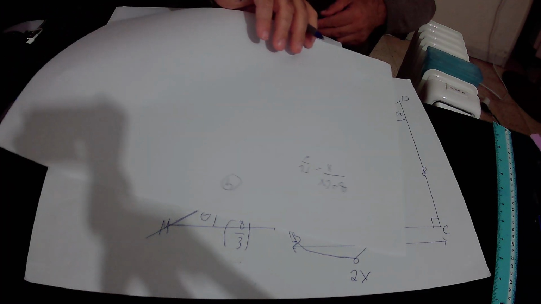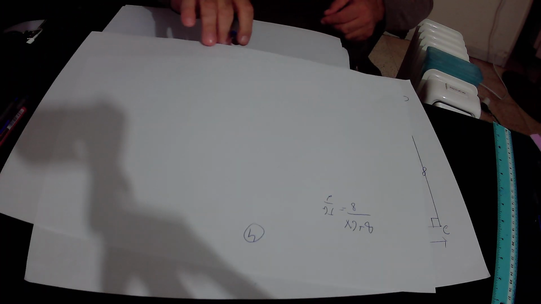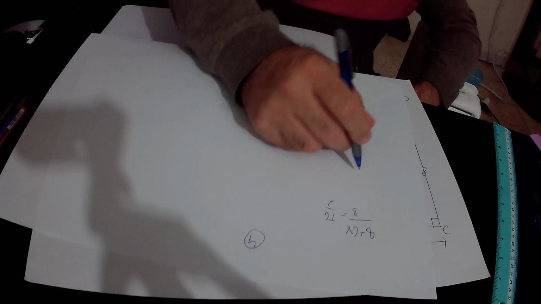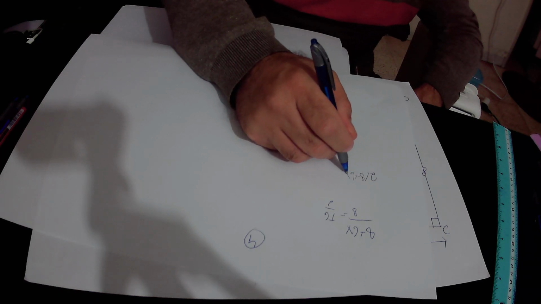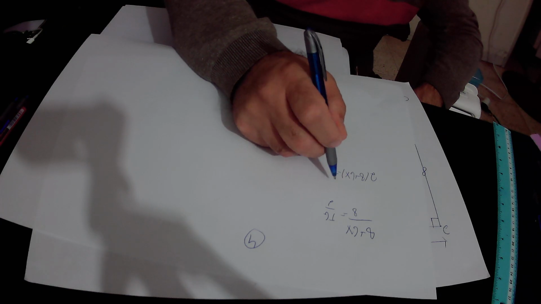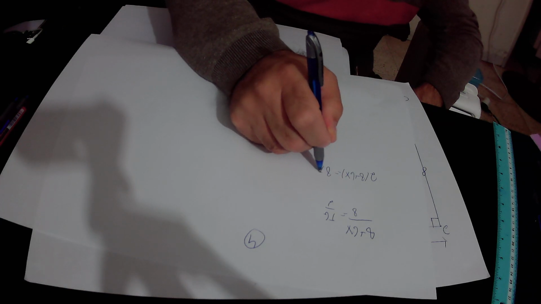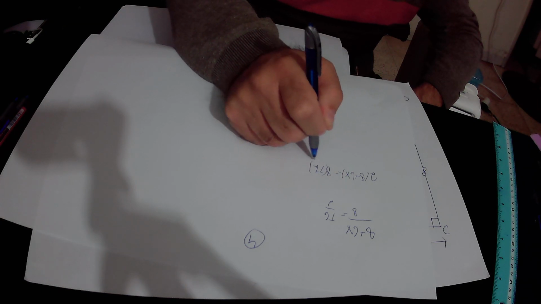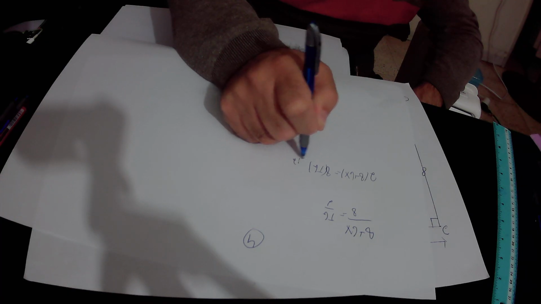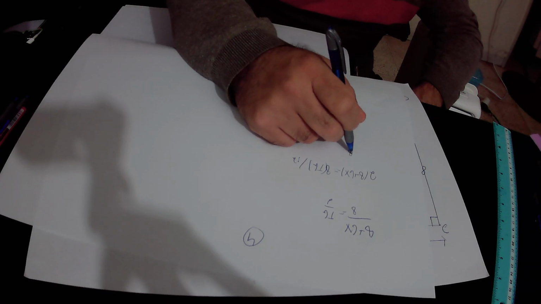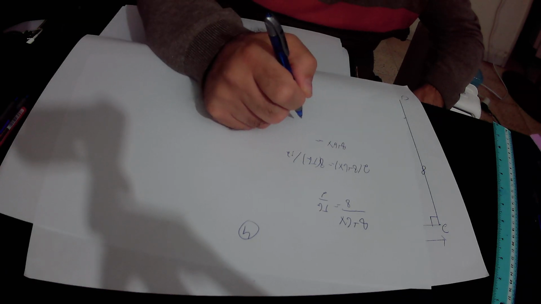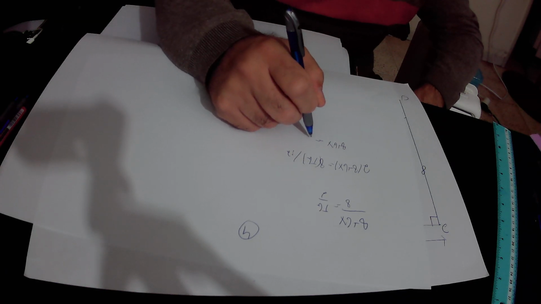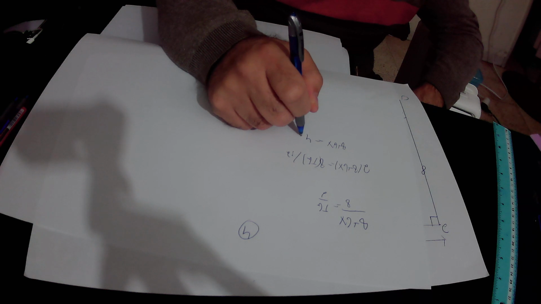So here we multiply this equation and we get that 2 times 8 plus 6x equals 8 TG. We divide this equation by 2 and finally we get that 8 plus 6x equals 8 over 2 is 4, so it is 4 TG.